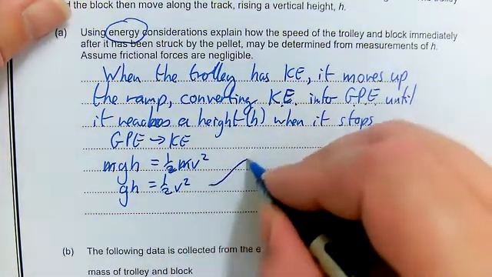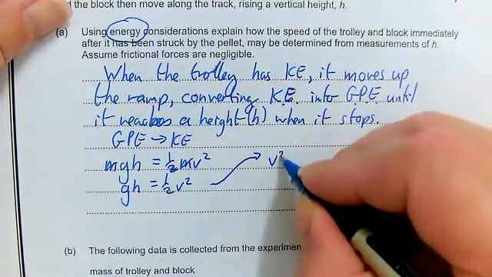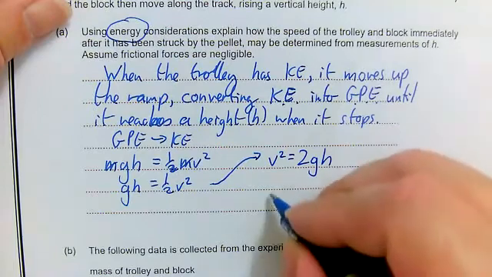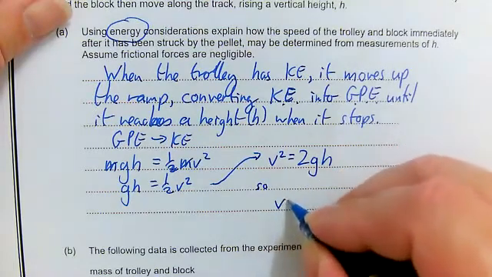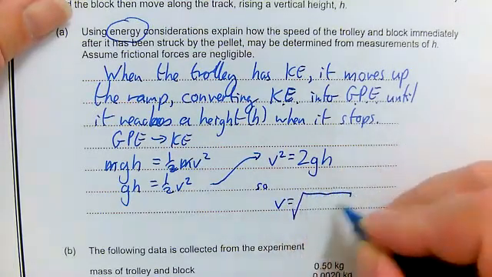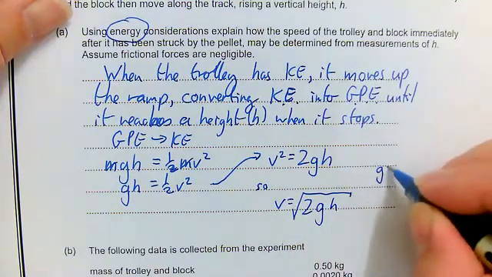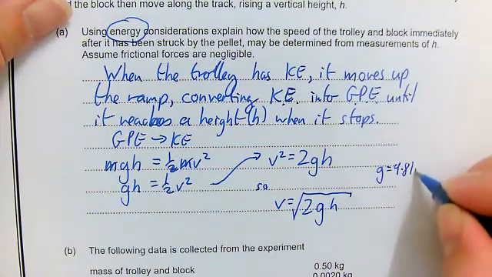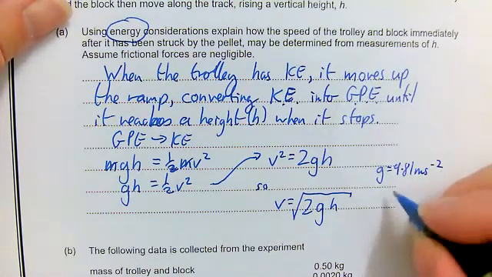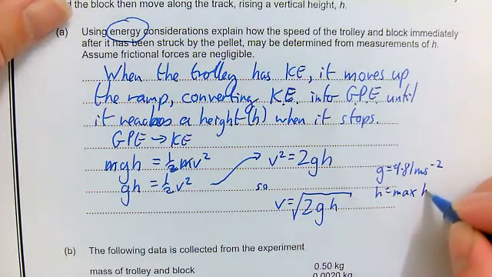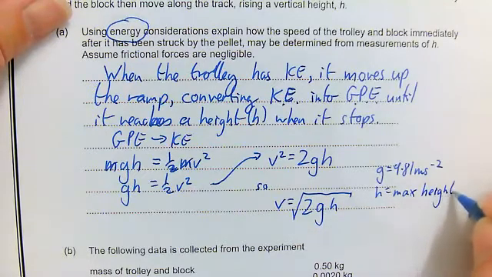Then when we rearrange it, v squared equals 2gh. So v equals the square root of 2gh, where g is equal to 9.81 meters per second squared. h equals maximum height. That's it. That's what they really wanted to get the 3 marks.